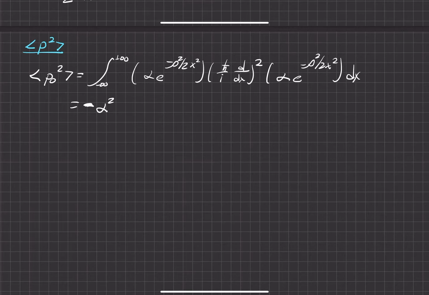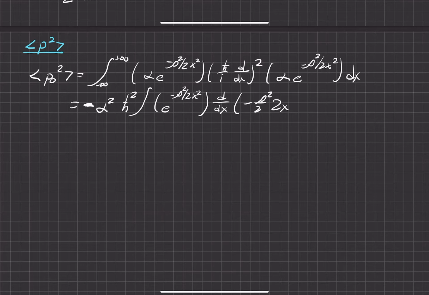We have our alpha, and we have our h bar. There is our integral, and then we have our exponential left here, x squared. Now we'll perform the first derivative on it. We're just going to apply one of these derivatives to this here. So it'll be 1 over rho squared over 2, and then the derivative of x squared, which is just 2x, and then e to the negative rho squared over 2 times x squared.